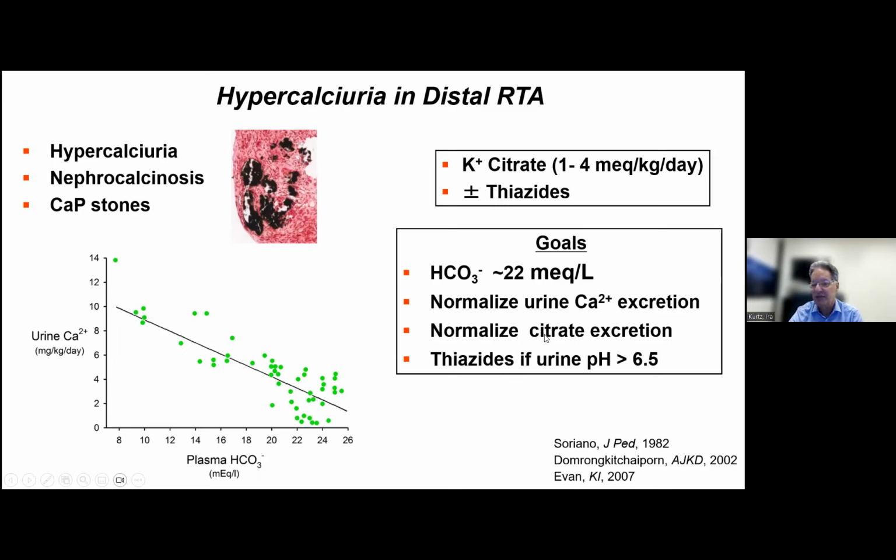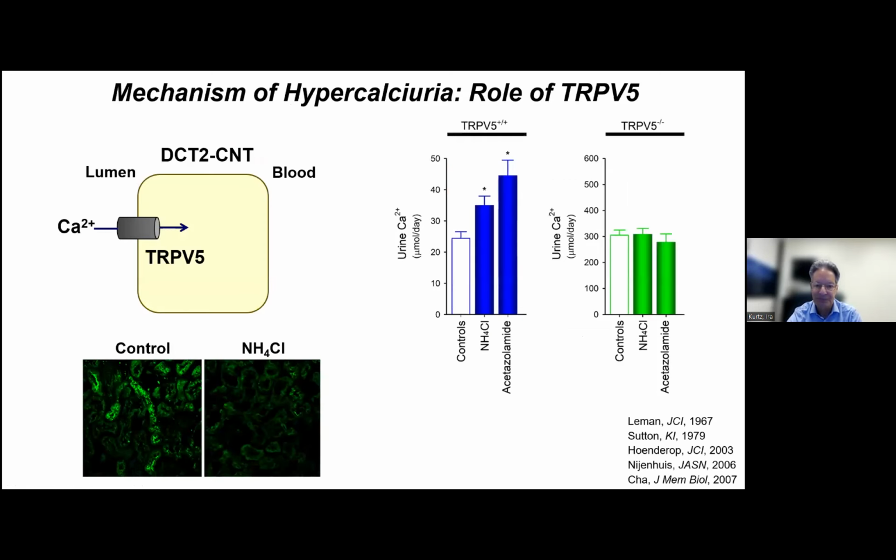Remember, citrate has carboxyl groups, just like alpha-ketoglutarate, just like lactate, and it's converted into bicarbonate. And that's what you're doing when you're giving the citrate. But you also can end up getting too much bicarbonate in the urine, raising the urine pH, and that will lead to more calcium phosphate precipitation, which is exactly what you don't want to do. So once the urine pH gets above a certain amount, you then give thiazides to help try to stimulate calcium absorption instead of pushing the citrate.